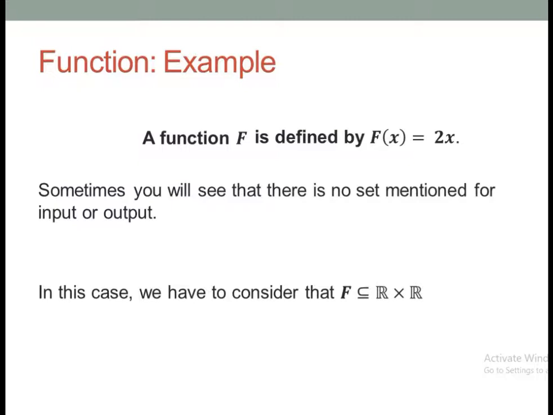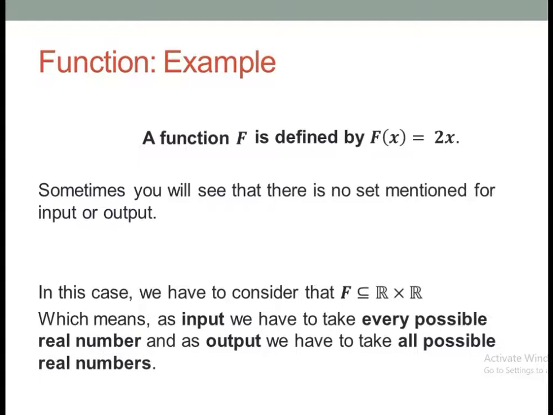That means f is a subset of R cross R. It means that as input we have to take every possible real number, and as output we have to take every possible real number. To summarize, if in your question you don't get predefined sets for input or output, you have to assume that input comes from real number and output comes from real number.